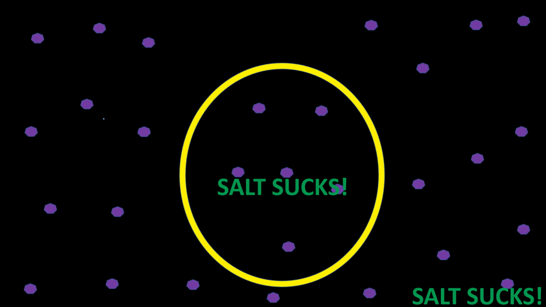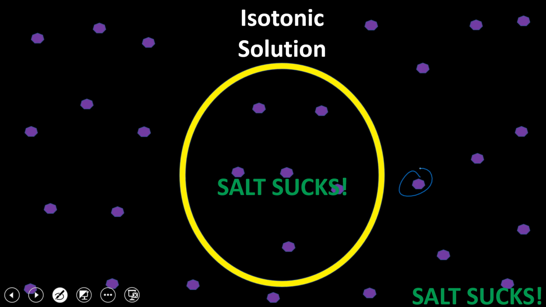Now, if we're in an isotonic solution, okay, a lot of times students call me out right now, they say, Aruj, check it out, dude. There's more solutes outside than there is inside. And I'll say you are correct, but the concentration is the same. There's the same ratio of solutes per amount of water. Okay, so the ratio is the same.